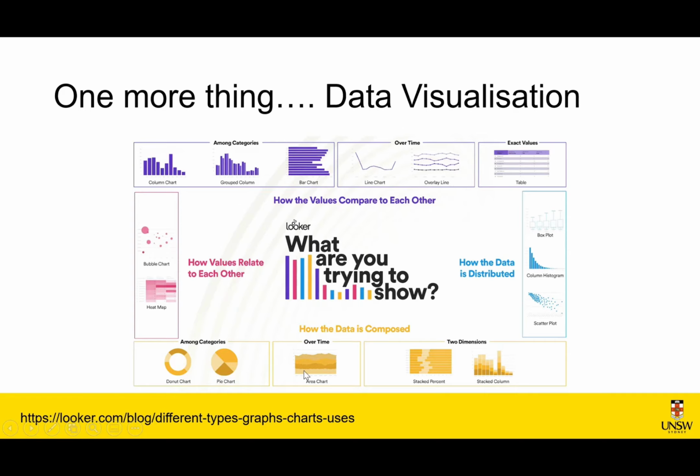If the data is composed of different aspects, so if you're looking at different categories or over time or different dimensions, you can use some of these options in yellow. Or if you're looking at how different variables relate to each other, some of the options are things like bubble charts or heat maps, or even line XY things as well.